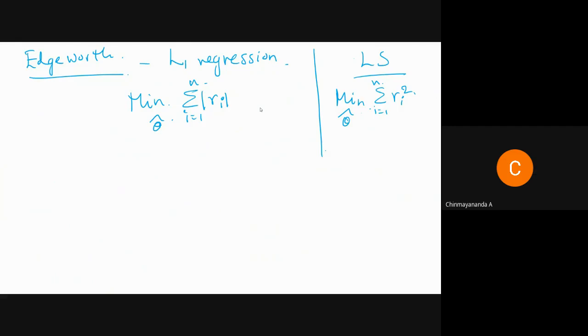But the point I wanted to make here is that people don't know why L1 regression came into the picture. It is basically from this robust statistics field, because nowadays no one uses this. No one will use L1 regression, since mathematically it is not that tractable.